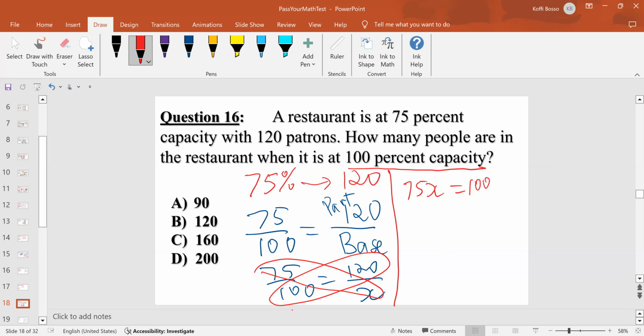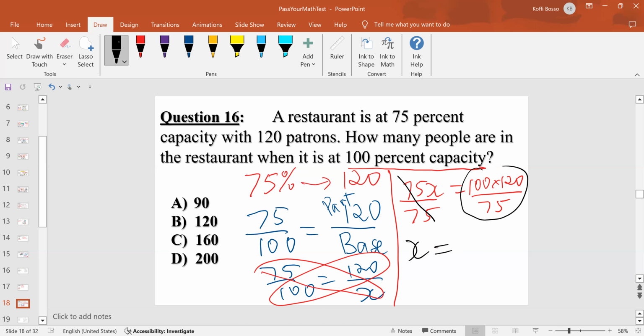So to solve for x, I'm going to divide everything here by 75. So this will cross out, and if you do the operation on this side with a calculator, you get x equals 160. So the correct choice here is C.